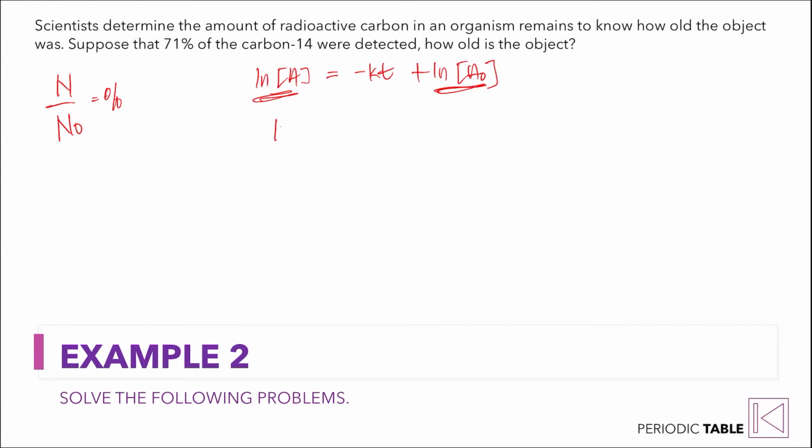So, ln A minus ln A naught is equal to negative KT. So, that is the equation. So, ito ang concern natin. Ano natin yung gagawing ratio? Kung mapapansin natin, yung term na ln A and ln A naught, meron silang similarity. Similarity nila, they both in natural logarithm form or ln.